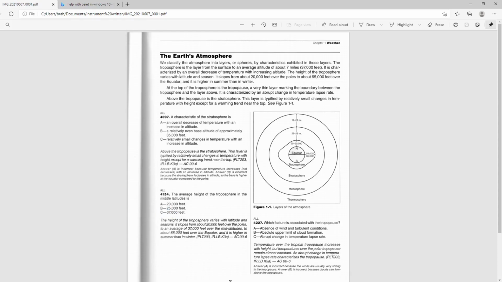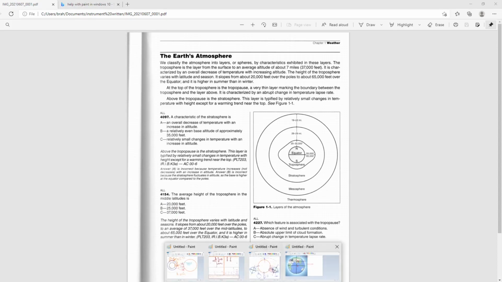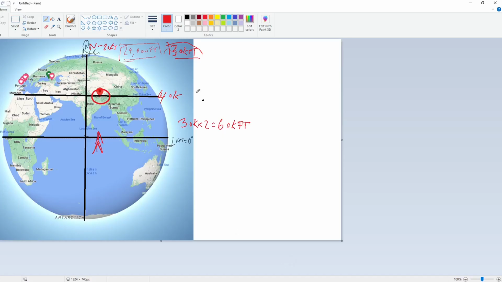That's the key here, because you can think of the troposphere as the boundary of where oxygen runs out. On Mount Everest, even though people wear masks or bring oxygen tanks, you would still have oxygen at 20,000 and 25,000 feet, but at 37,000 feet, that's where you would probably run out.